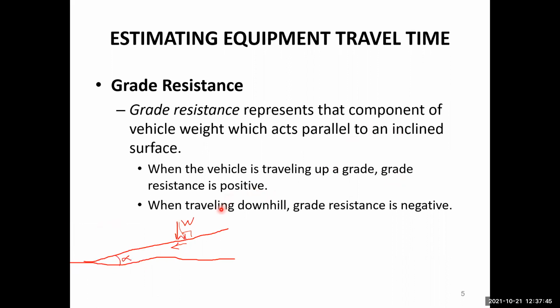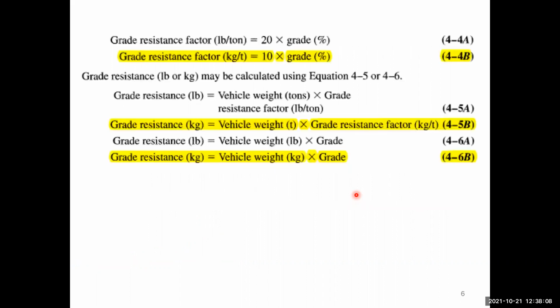And when traveling downhill, the grade resistance is negative. Which is obvious: if moving down the grade, then less resistance will be there from the grade, so that will be a negative grade resistance. On the other hand, going up it will be a positive grade resistance.